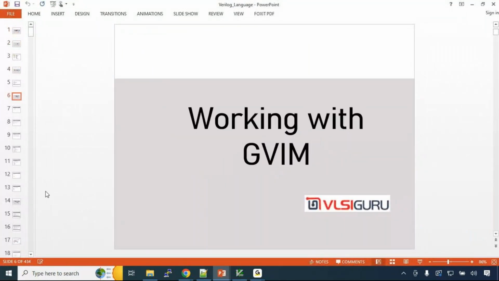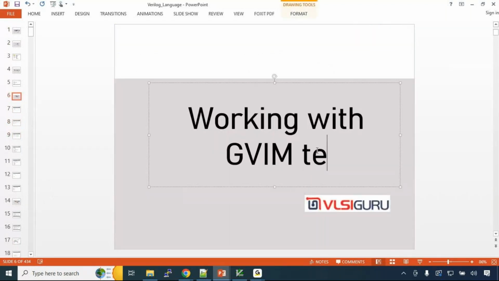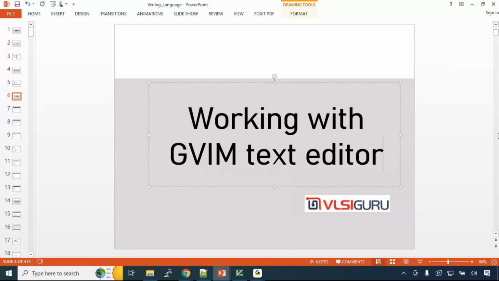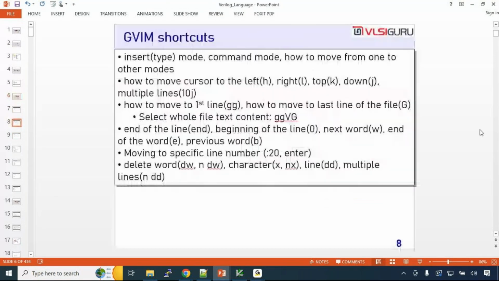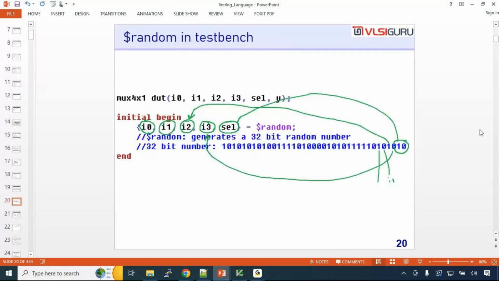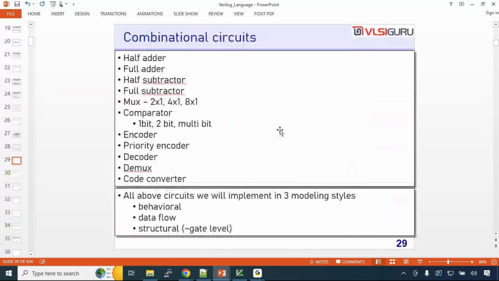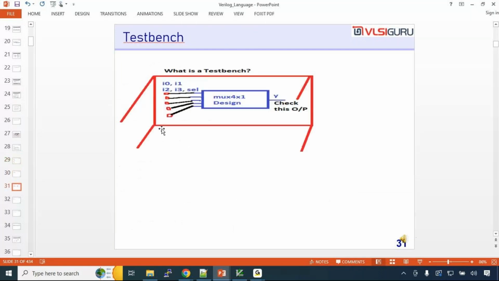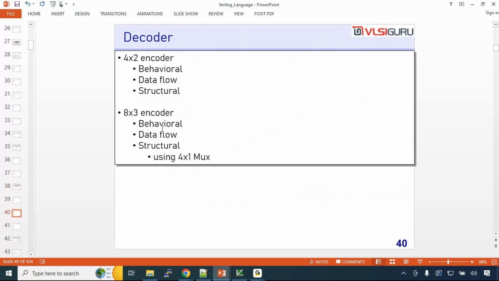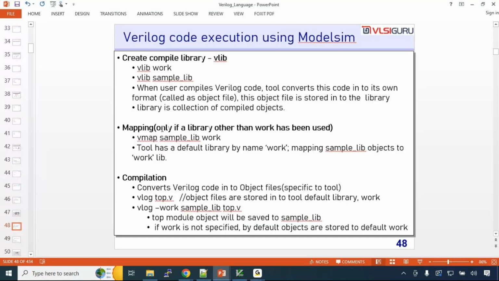It covers everything from the basics, how to work with the GVim text editor, how to use the techniques, the shortcuts, then how Verilog language has evolved, and how to implement the combinational logic, very basic combinational logic, how to implement half adder, full adder, half subtractor, everything in the combinational logic. Once it is done, then we go to Verilog language execution, literals, everything.